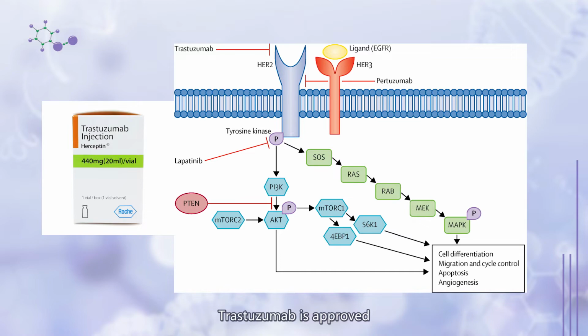Trastuzumab is approved to be used alone or with other drugs to treat breast cancer that is HER2 positive. It is also used in stomach adenocarcinoma or gastroesophageal junction adenocarcinoma that has metastasized. It is used with cisplatin and either capecitabine or fluorouracil in patients whose disease is HER2 positive.